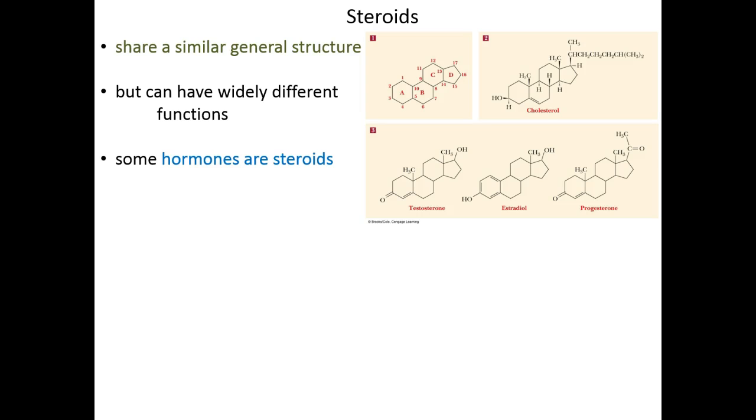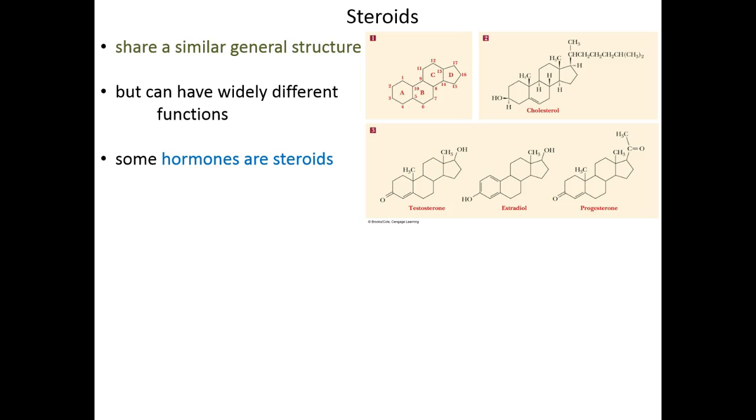Some of the hormones that dictate our endocrine system and allow our endocrine system to work are based on a cholesterol backbone. These are the steroid hormones. And examples are the male sex hormone testosterone and the female sex hormones estradiol or estrogen and progesterone. All of these are based on cholesterol. All of them are steroids and all have this fixed or fused ring structure.